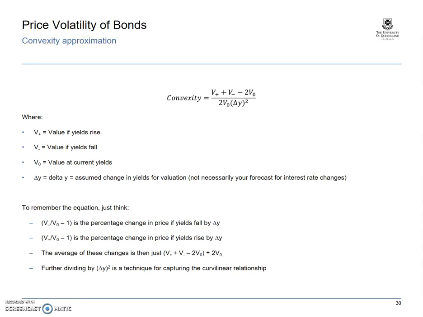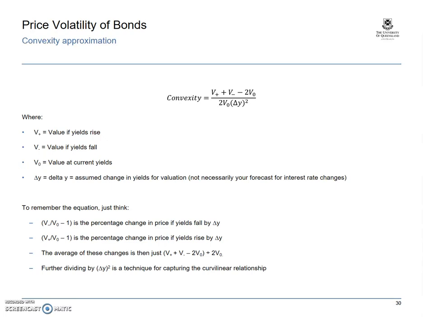So to remember this equation, a good way to think about it is that the percentage change in price if the yield falls by delta y is going to be V negative divided by V0 minus 1, and the percentage change in price if yield rises by delta y will be V positive divided by V0 minus 1.